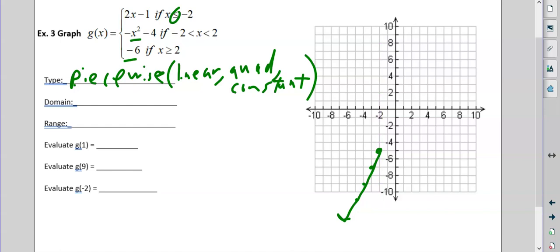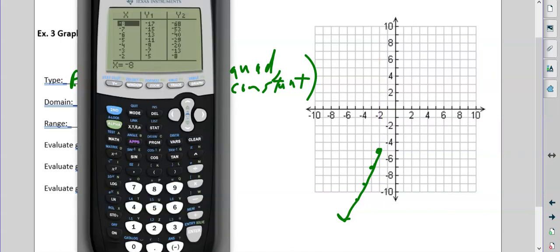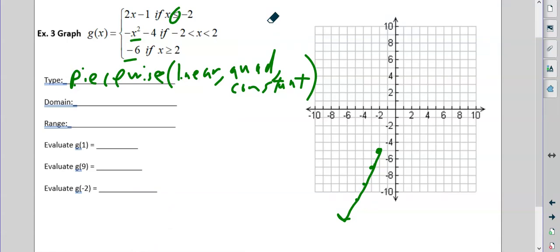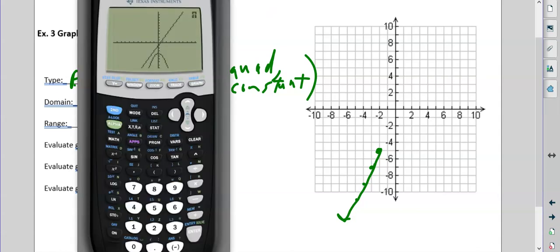Then I have a parabola. Now pay attention, it is a negative parabola. So when I graph it, notice it's upside down and it's lower. So I want the points between -2 and +2. Notice also they're both open dot. Okay, so I'm going to go to my table and I want to put -2 at the top and just find my numbers between -2 and +2.